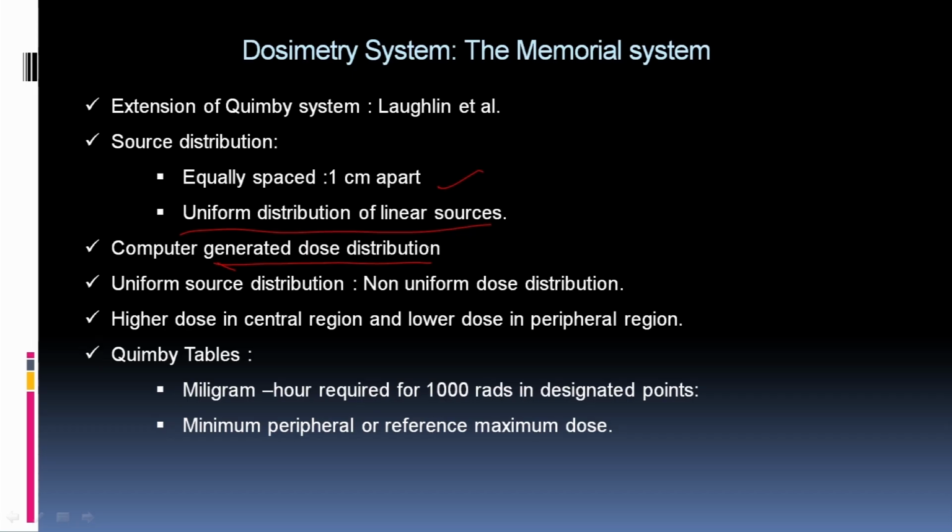And as we distribute the linear sources uniformly throughout the target volume, we will get a non-uniform dose distribution, with higher dose in the central region and lower dose in the peripheral regions.